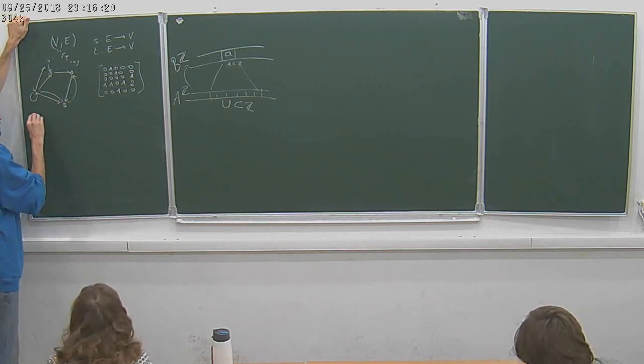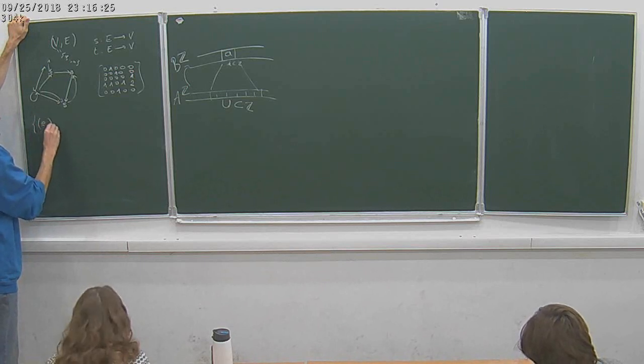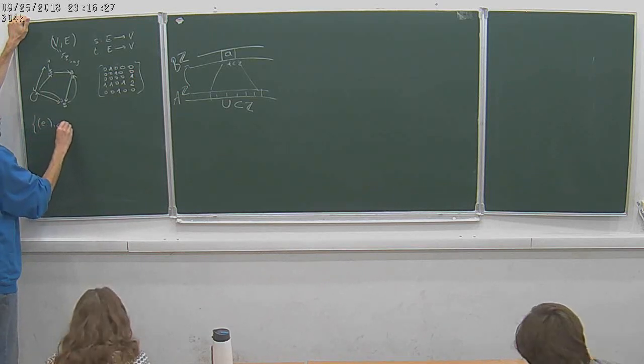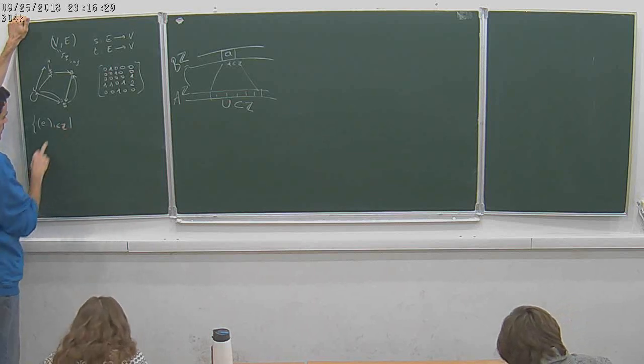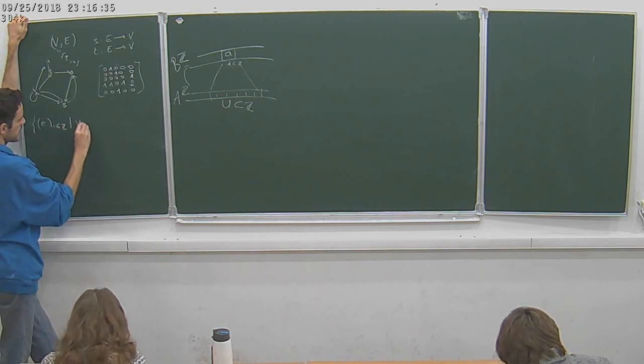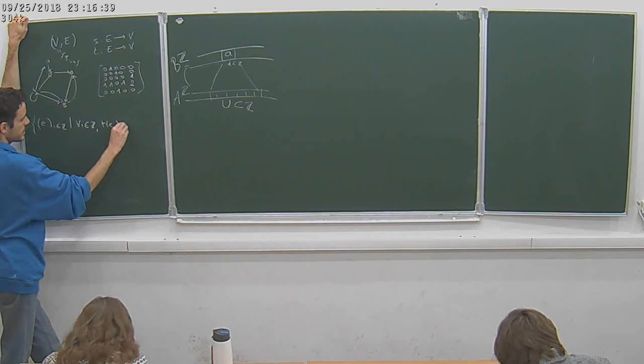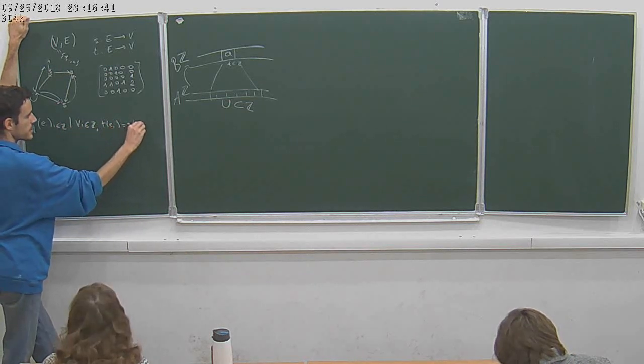Last time I asked, if I look at the set of paths, so what does it mean to be a path? It means that the target of one edge is the source of the next edge.